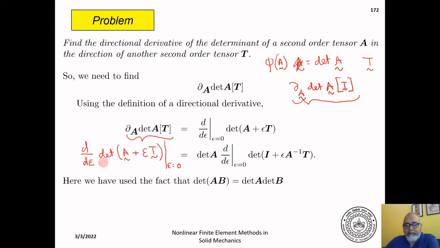Now the first step is kind of easy. So we take this quantity and we write it like this.